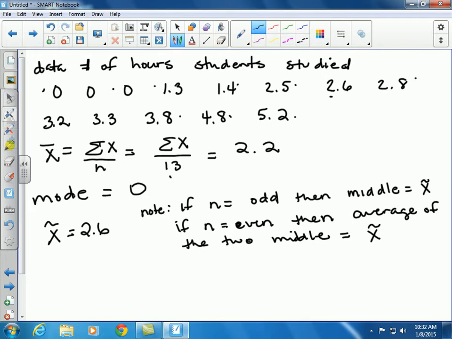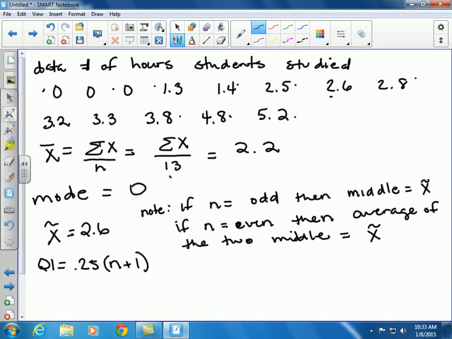The quartiles are not difficult to do, but they require a little bit of formula. Quartile 1, again, is where 25% of the data lies below, and we calculate that by taking 0.25, so 25%, times how many data points you have plus 1.